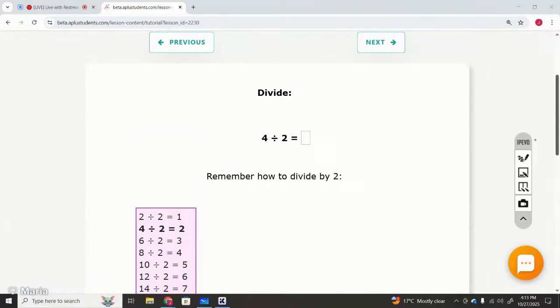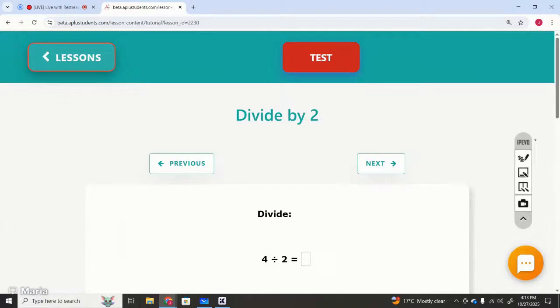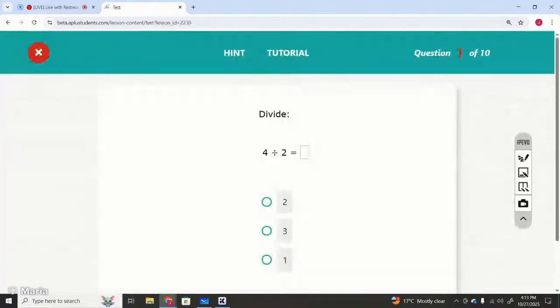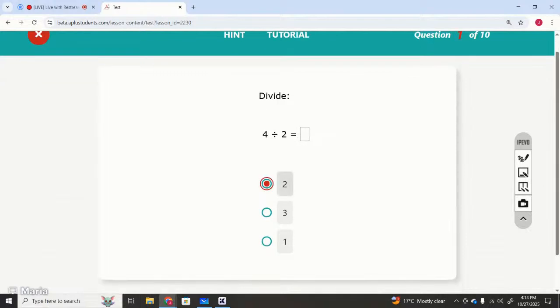That is just a one digit number, so you just have to answer in one number, that is 2. 4 divided by 2, that is 2. Option number 1 is the correct option.